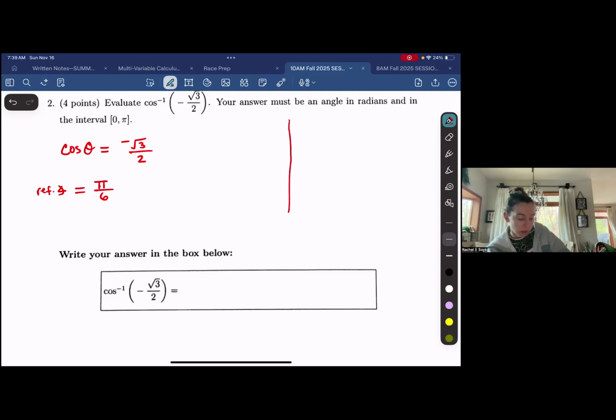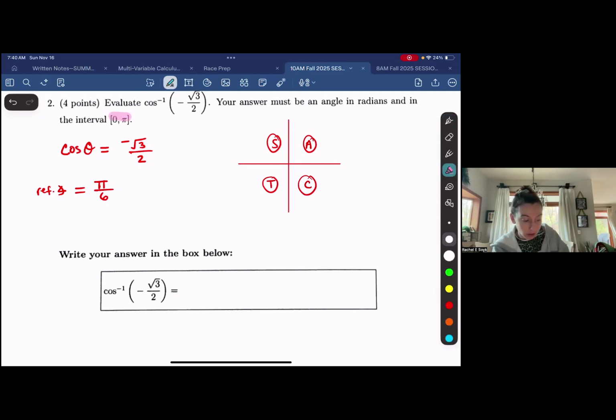Now we're going to incorporate the negative. And so we want to utilize our All Students Take Calculus, quadrant 1, 2, 3, 4 strategy to evaluate where is cosine negative, and more specifically, where is it negative and also lies between those bounds from 0 to pi.